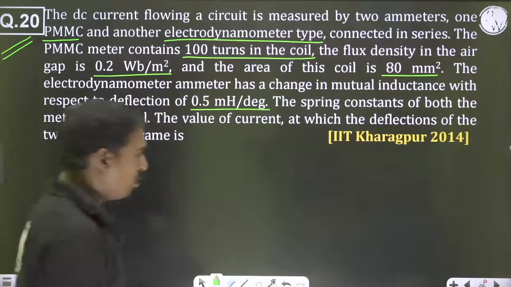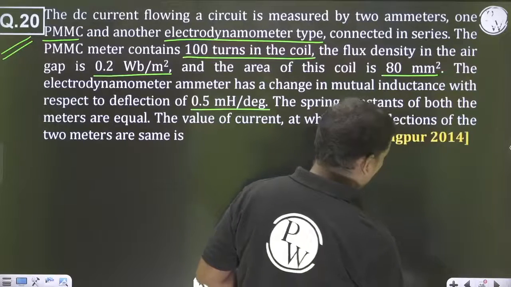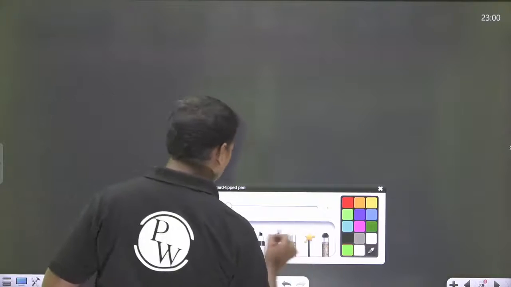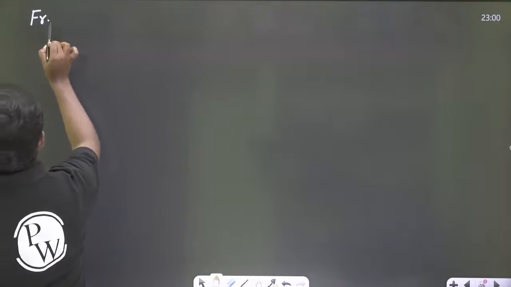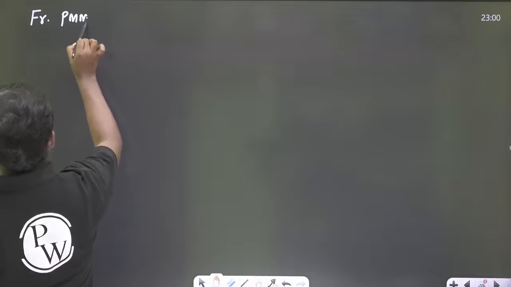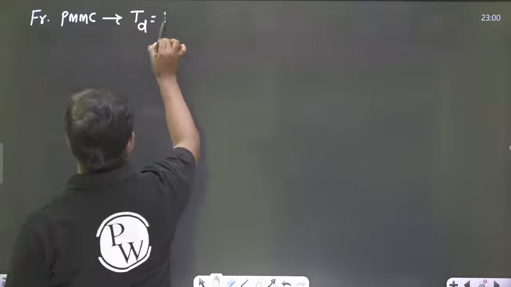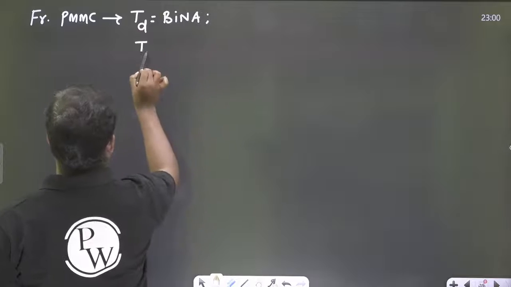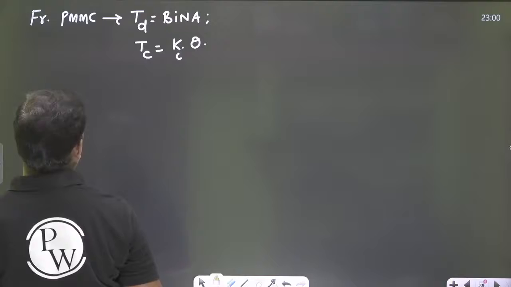This question requires the electrodynamometer torque formula also. So first let me write here. For PMMC, the deflection torque formula is BINA, and controlling torque formula is Kc theta.